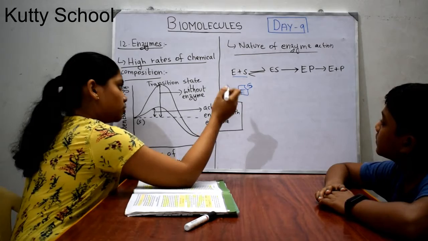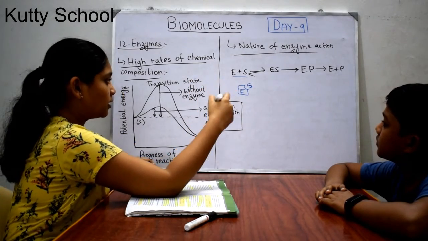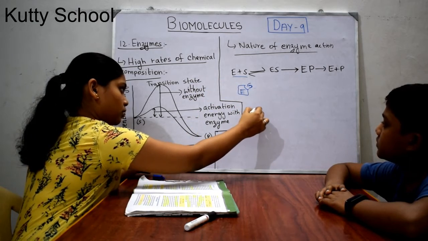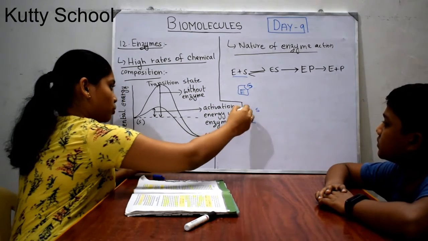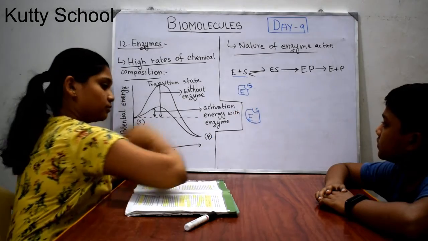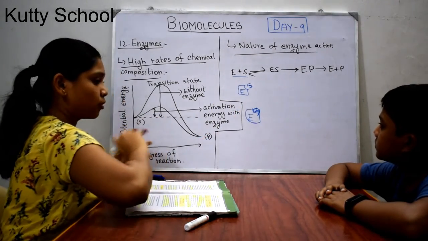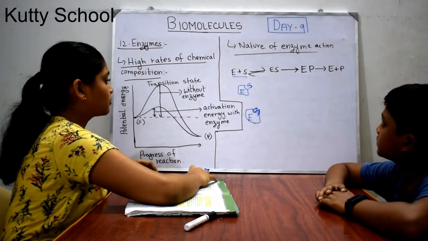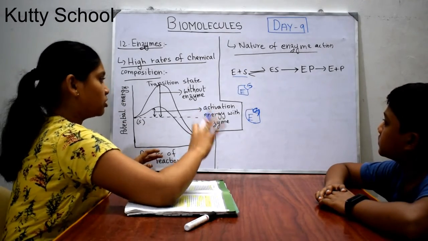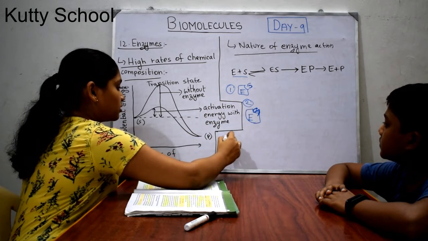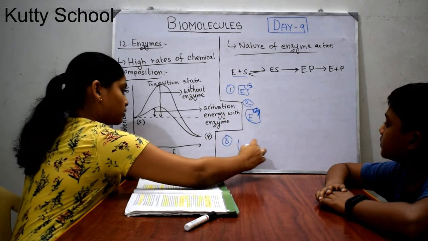ES is the enzyme changing the substrate, and the process is going on to form products. There are 4 stages here: this is the first stage, the second stage, and the third stage.